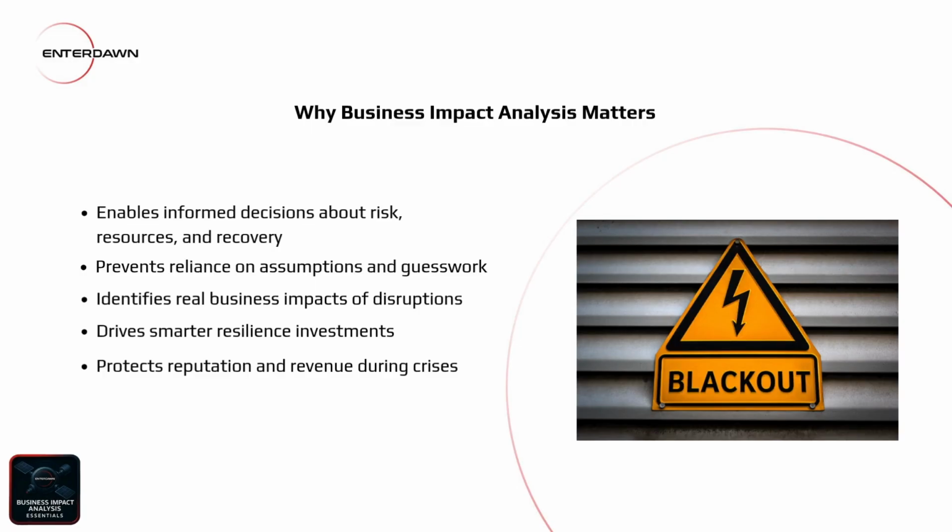By quantifying the consequences of interrupted operations, a BIA ensures that continuity planning is driven by actual business needs rather than guesswork. This clarity supports smarter investments in resilience and helps safeguard both reputation and revenue under pressure.